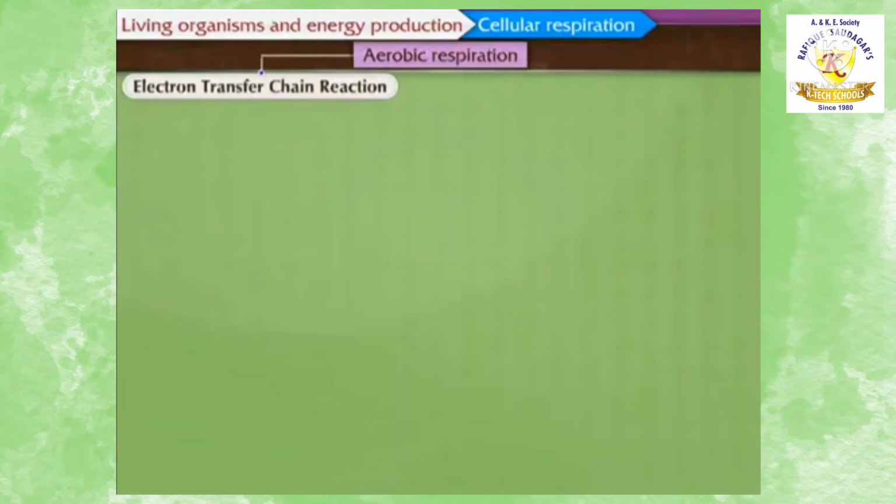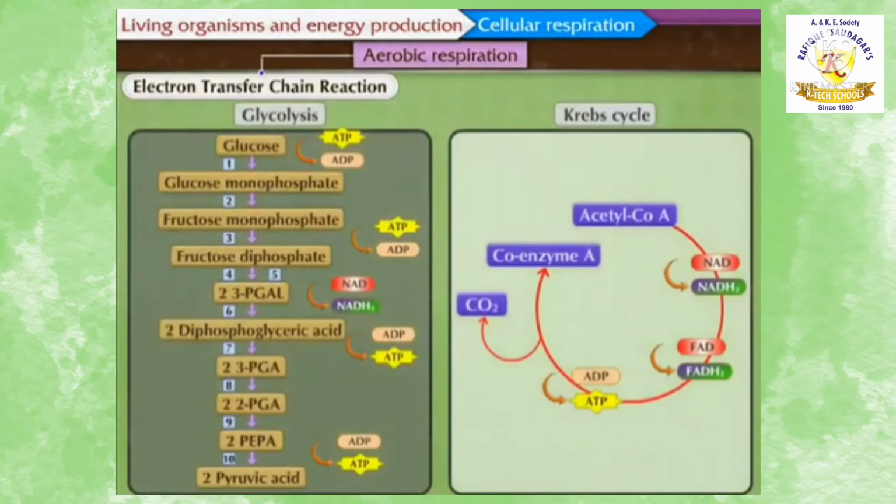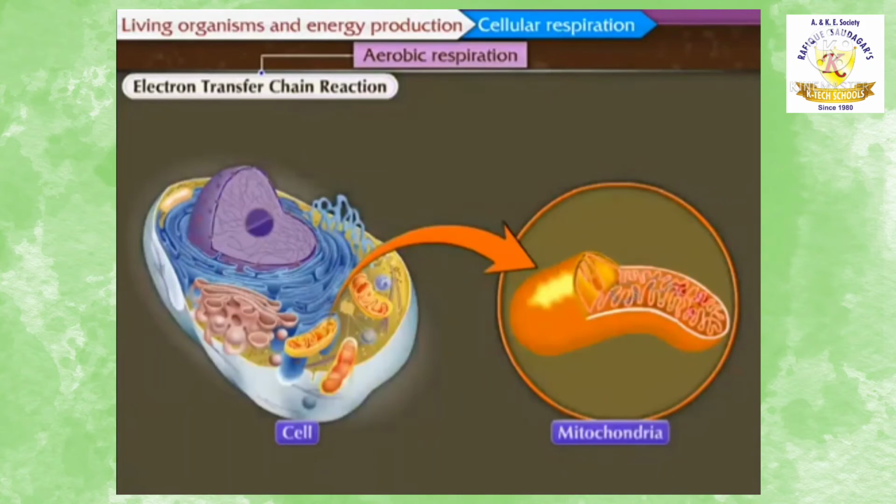Aerobic respiration, the third step, is the electron transfer chain reaction. Molecules of NADH2 and FADH2 formed during all these processes participate in the electron transfer chain reaction.